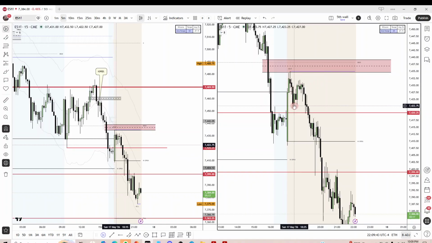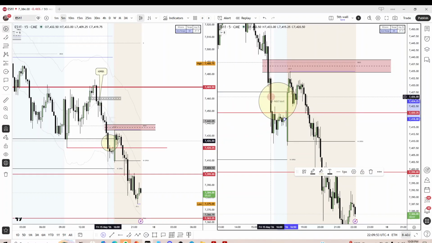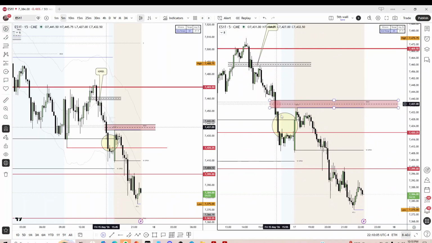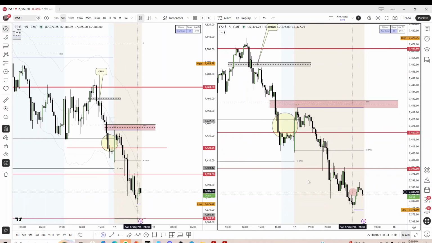But this looks like a balanced price range, this area in here. This bearish fair value gap, bullish fair value gap. So order flow is bearish here. Bearish order flow, retracement, continuation.